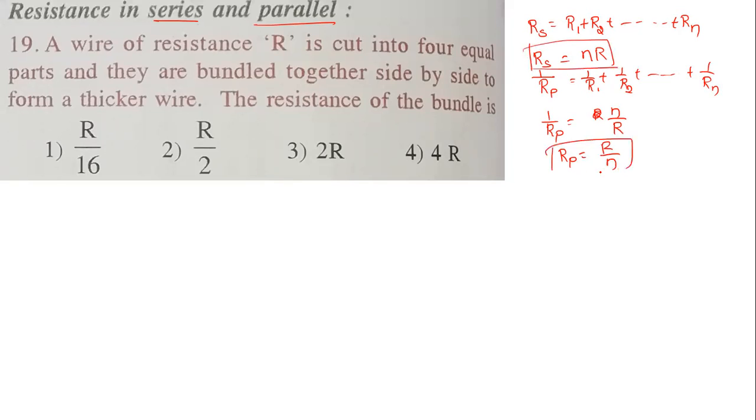From here, N times Rp equals R. Put this value in Rs equals N times R, so it becomes N times N times Rp. So Rs is equal to N square Rp.